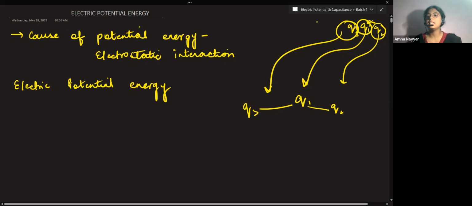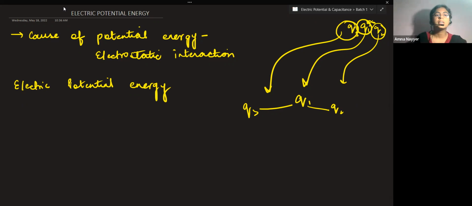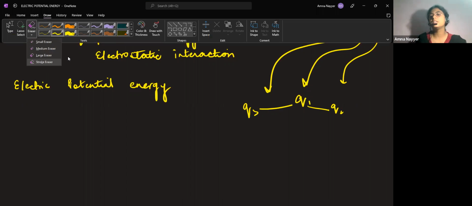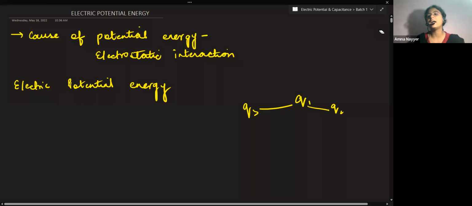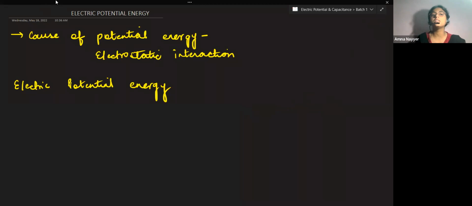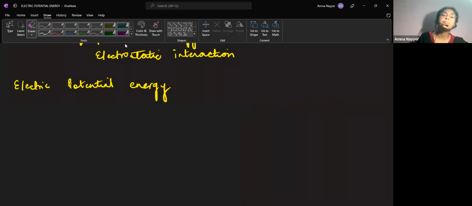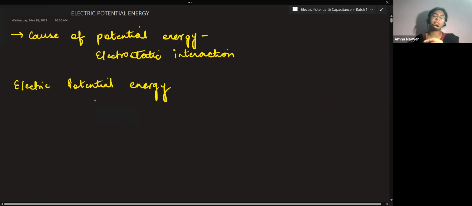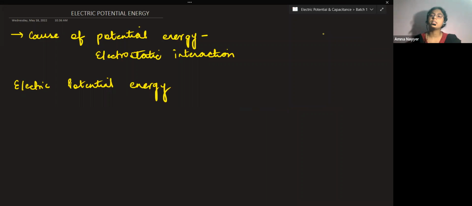That we call electric potential energy. Electrostatic potential was the work done for moving a unit positive test charge from infinity to a particular point. Electric potential energy is the work done by the external force in carrying charges from infinity to their respective positions. If you have to assemble a system, you need electrostatic potential energy.